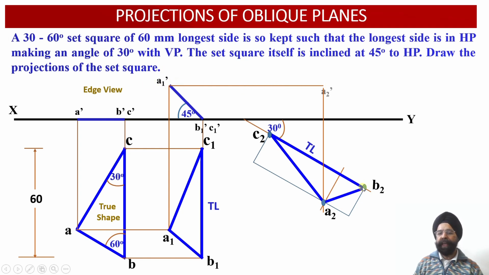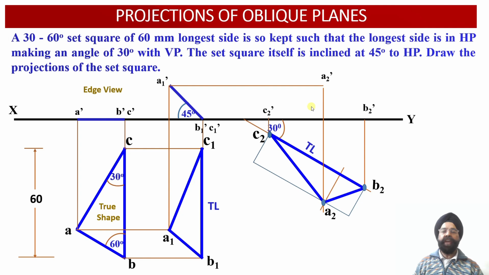Similarly from point B2 we are going to extend a vertical projector line upwards till it intersects with the horizontal projector line which has been drawn through the point B1 dash. Finally through the C2 point, again we are going to draw a vertical projector in the upward direction, extend it upwards till it intersects with the horizontal projector line which is emerging from the point C1 dash.